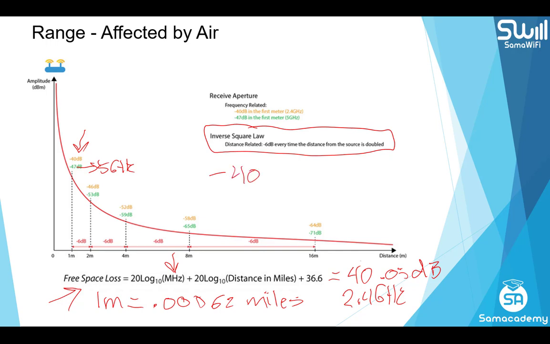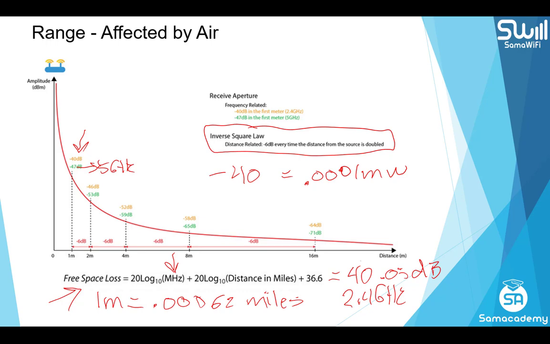A loss of 40 dBs is equal to milliwatts.